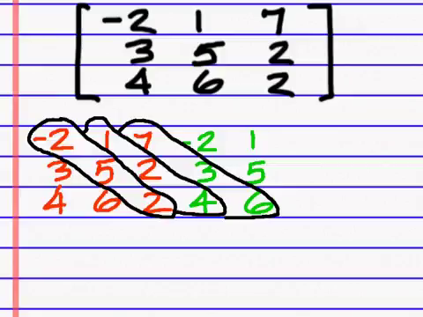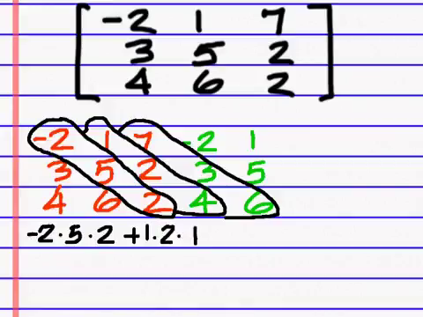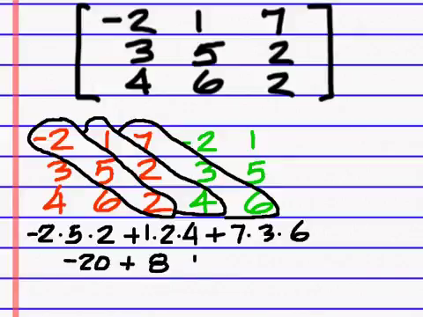So let's do that. We'll have -2 times 5 times 2, and then add that with 1 times 2 times 4, and add that with 7 times 3 times 6. When we go back, we have a negative 20 plus 8 plus 21 times 6. 21 times 6 should be 126.